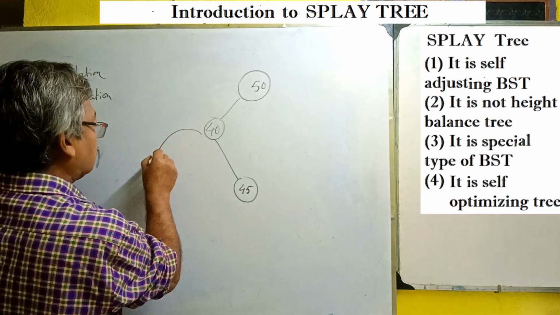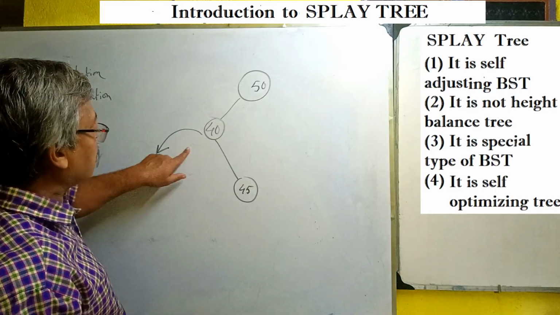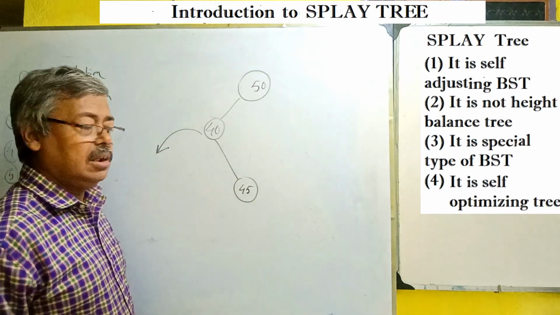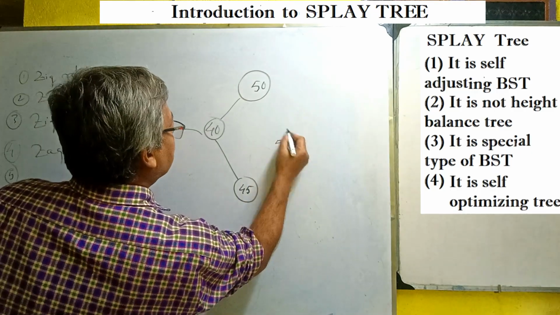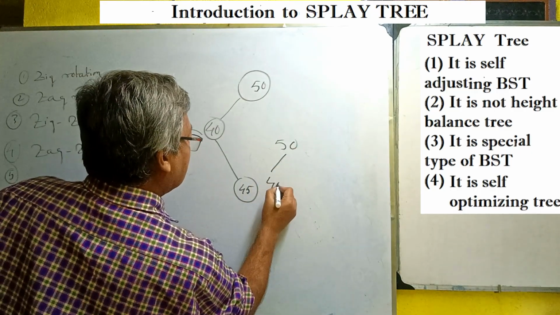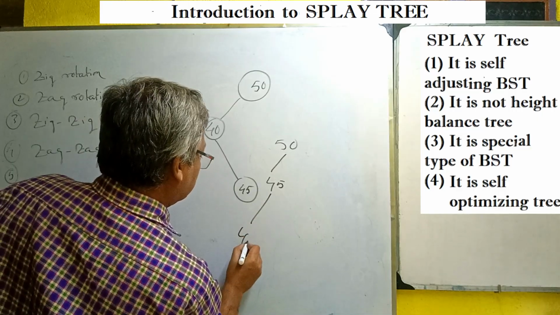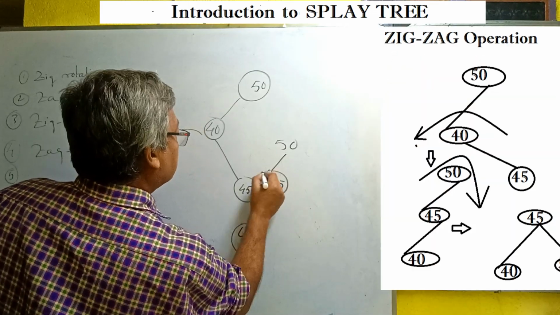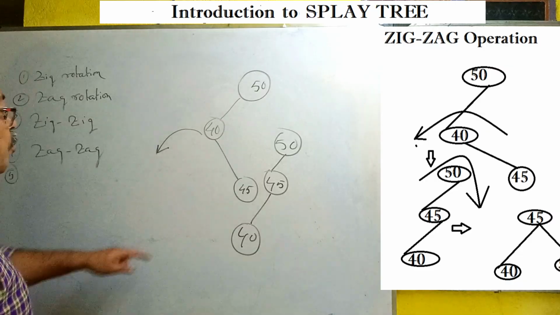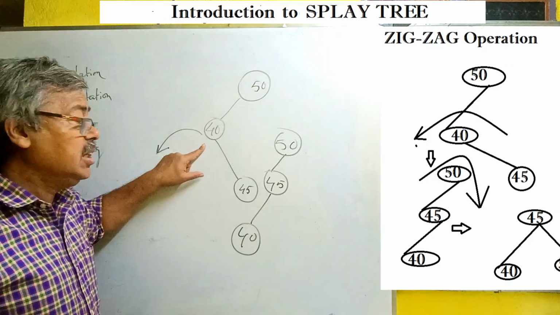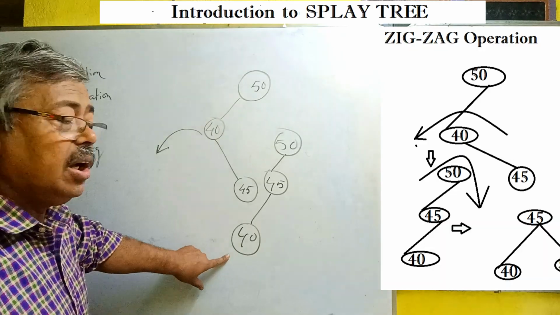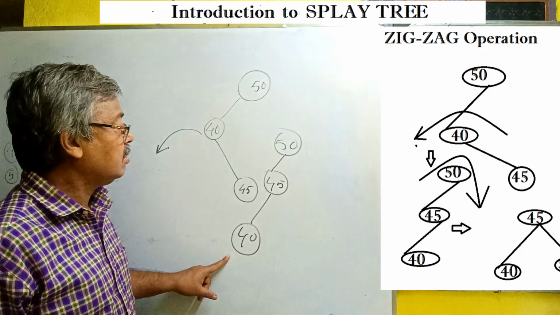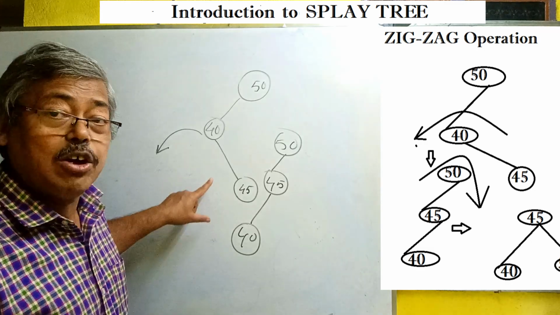First rotation in this way. This is the zag rotation. After the first zag rotation, the tree shows 50, 45, and 40: 45 takes the middle position, and 40 is at the leaf node. This is the first operation, the first zag operation.